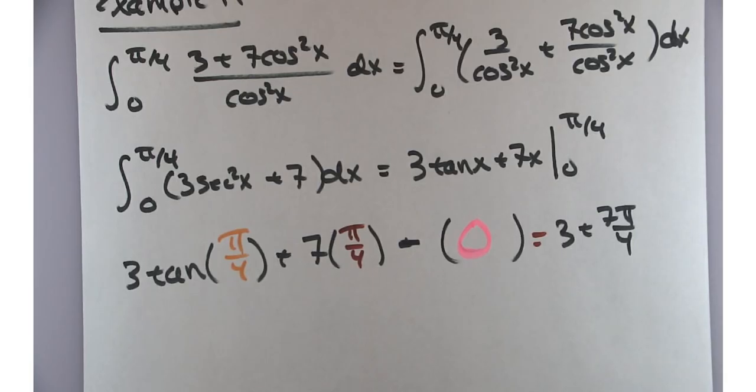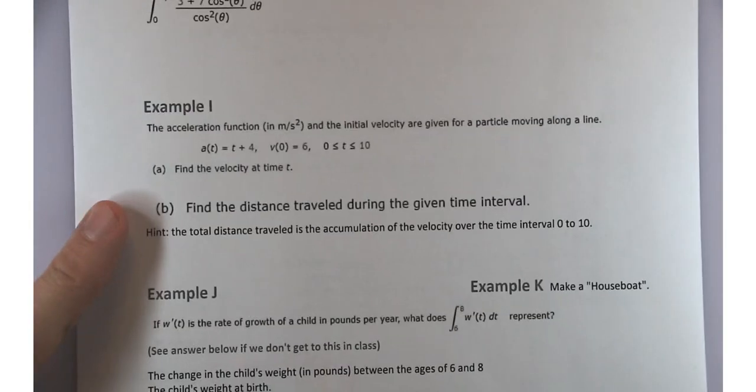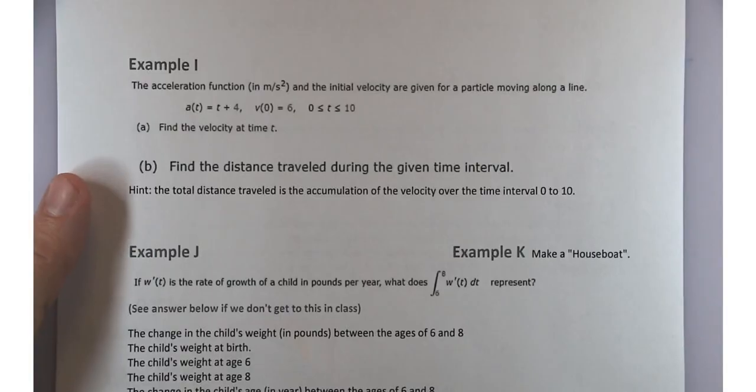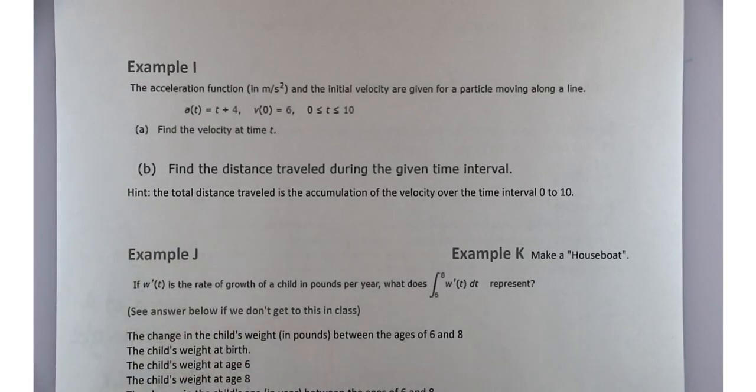Let's do example I. So we got an acceleration function. It's in meters per second squared. The initial velocity is given along the line.